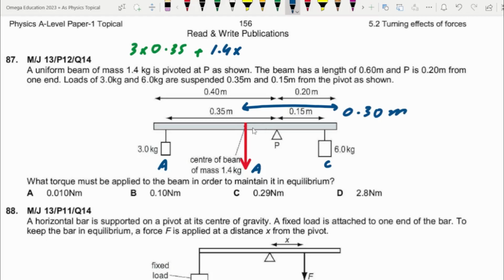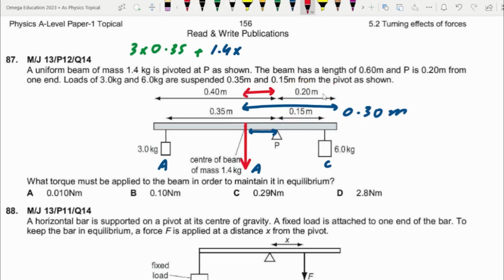So this length is 0.30, but you need to find the distance of this force from the pivot. So what you do is, out of the length 0.30, you subtract the distance on the right side of the pivot, which is 0.20, and then you'll be left with this distance.